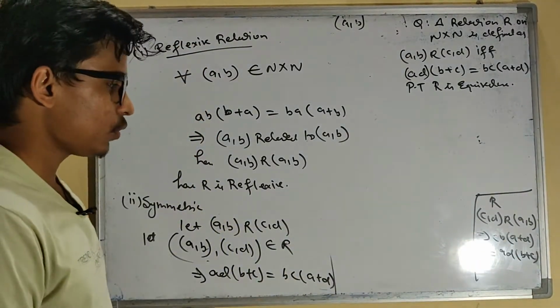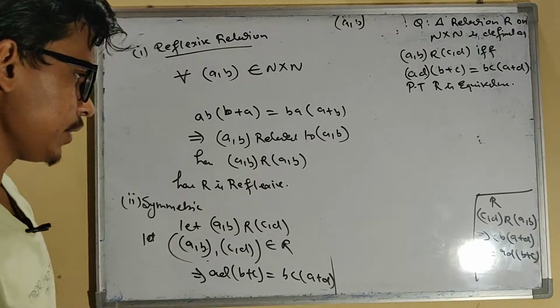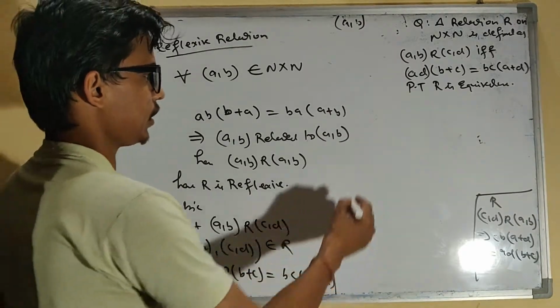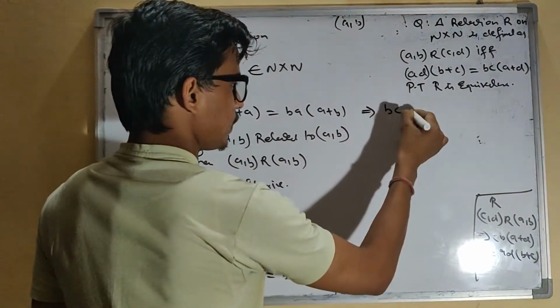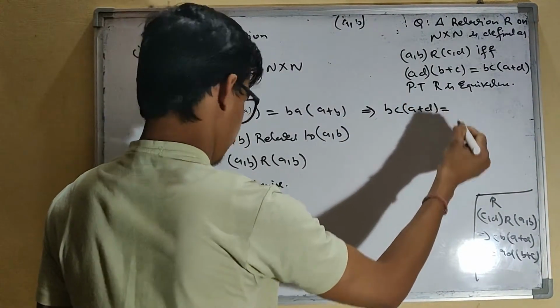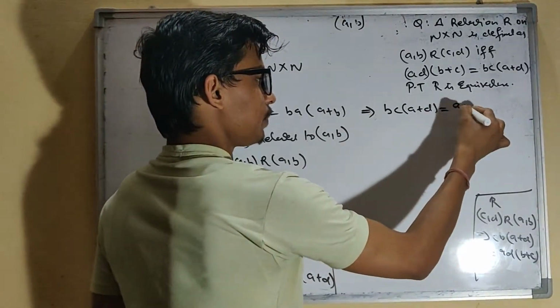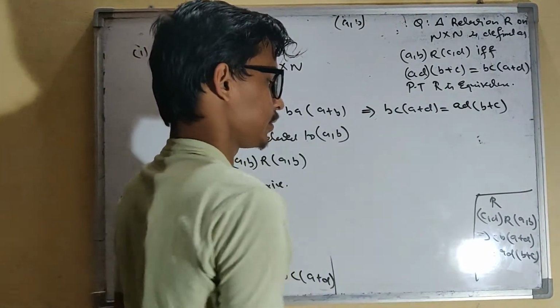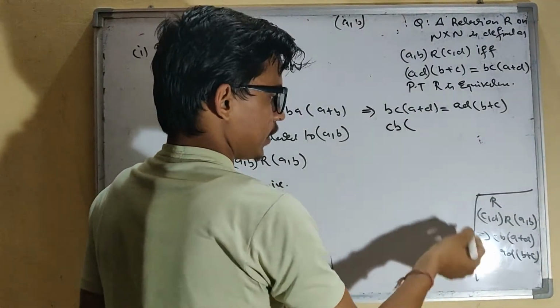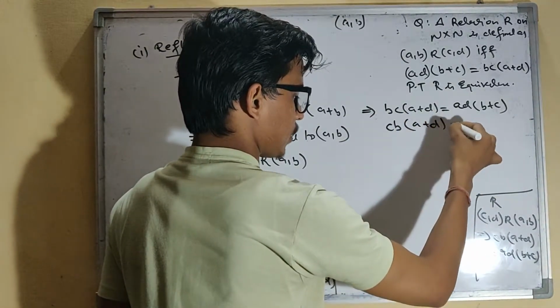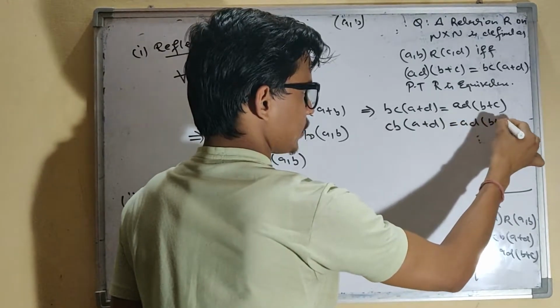Okay, so what I can do, I will just rearrange them. So after this, I can write it like this: bc(a plus d) is equal to ad(b plus c). So cb, just rearrange this, and this can be written as (a plus d) and ad(b plus c), right?